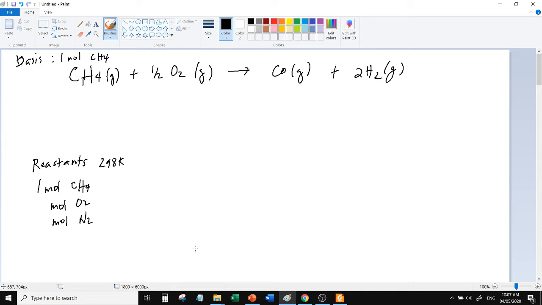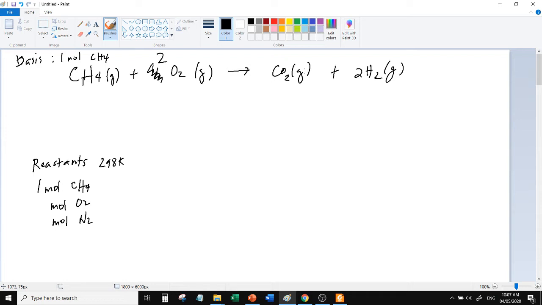O2. By the way, the balanced reaction I wrote is wrong. This should be 2. CH4, 2O2, CO2. That was actually incomplete combustion earlier. So, the problem says complete combustion.